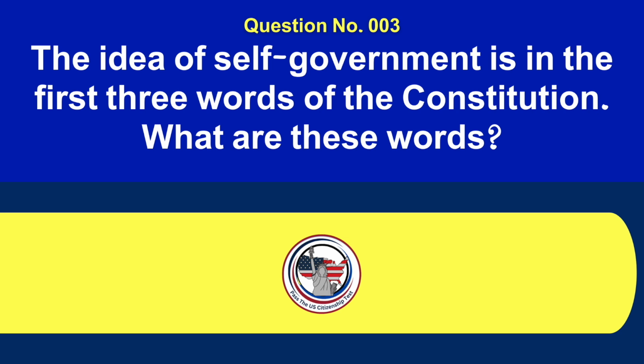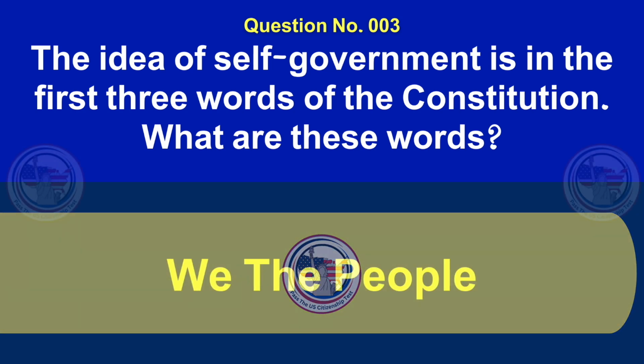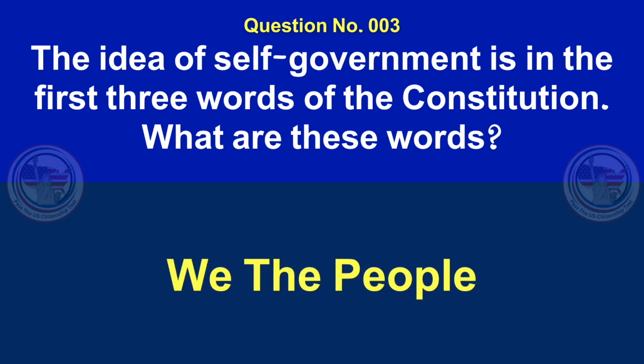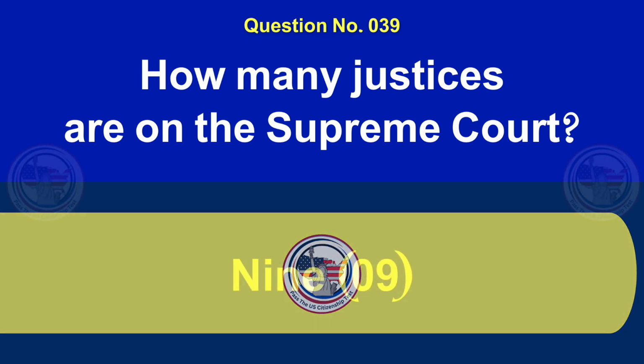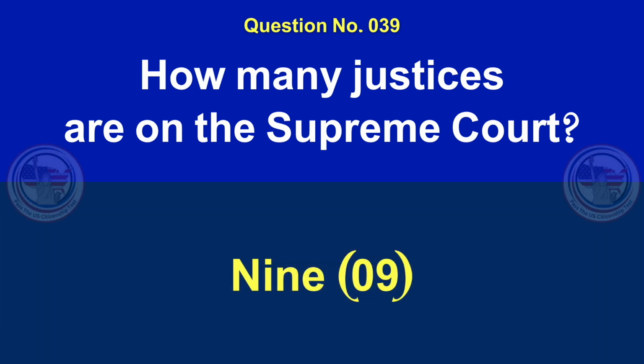The idea of self-government is in the first 3 words of the Constitution. What are these words? We the people. How many justices are on the Supreme Court? 9.